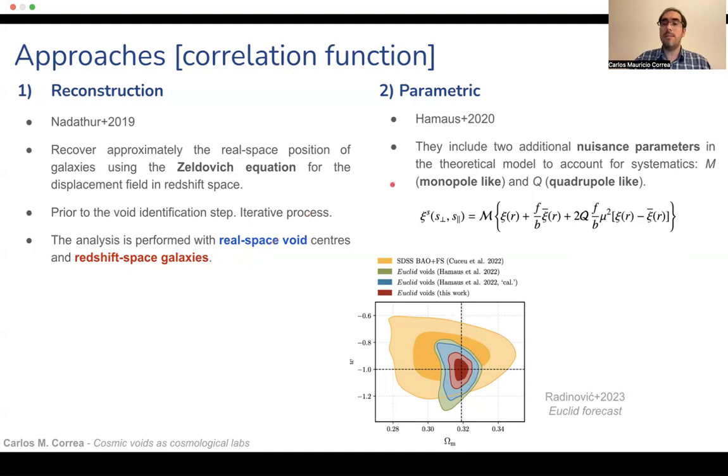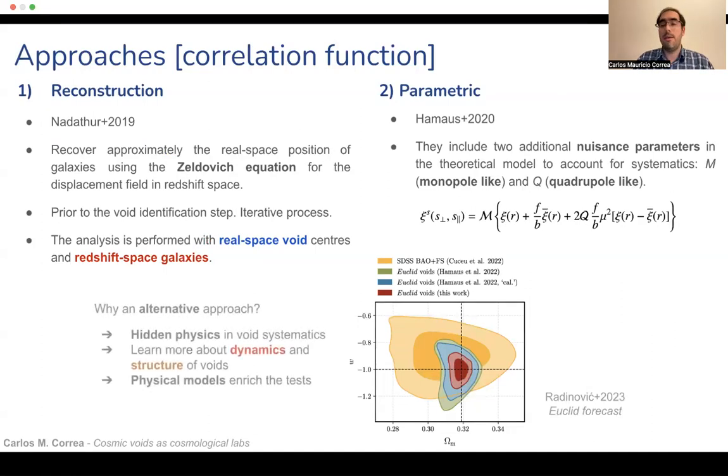On the other hand, we have a parametric approach, which tries to absorb or encode any additional void systematics with nuisance parameters incorporated into the model for the void galaxy correlation function. Although these two approaches work very well in constraining the cosmological parameters, here we propose an alternative approach.